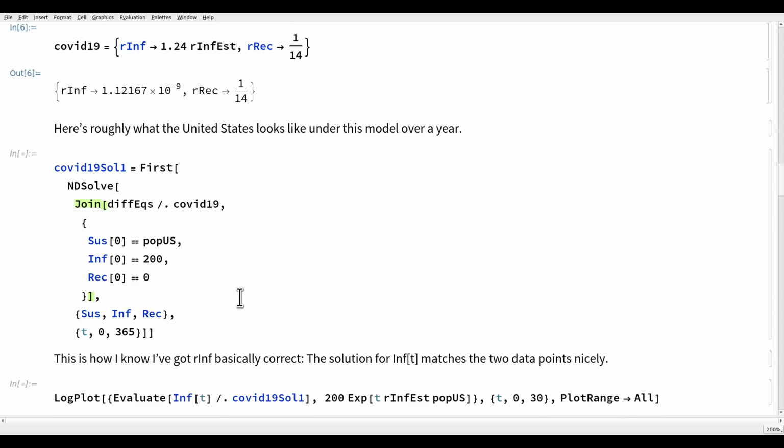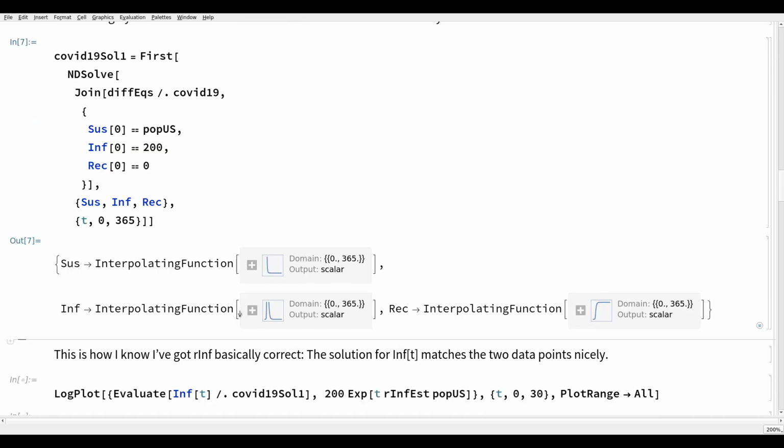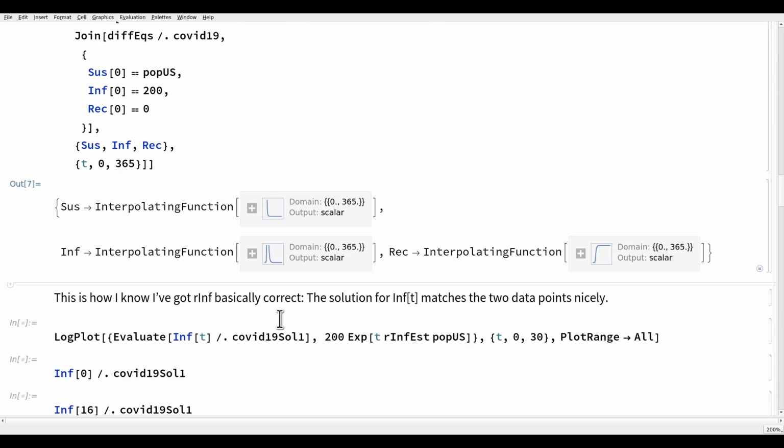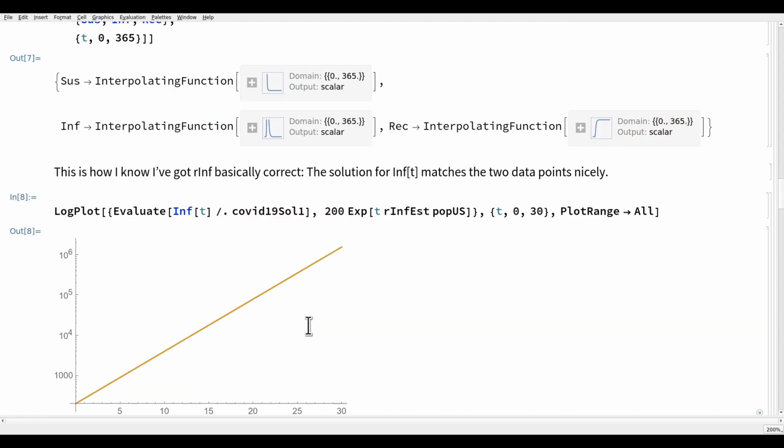Now, once I've run this, I'm going to show you this plot. It's hard to see, but there are actually two curves here. This shows that the number of infected individuals based on that numerical solution lines up very closely to the simple exponential model that I had used based on the data from the Worldometer website.